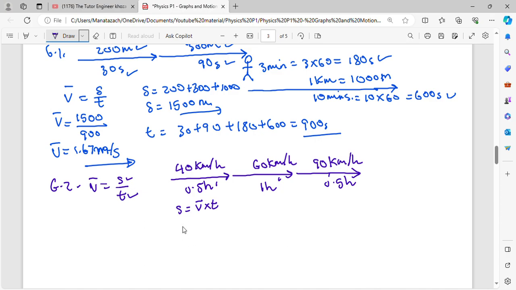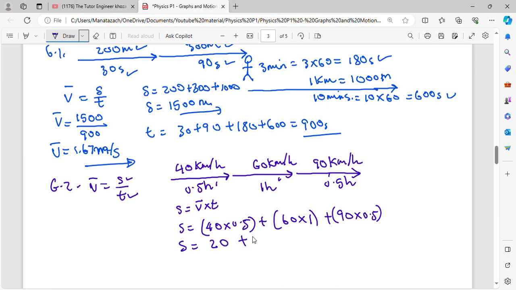The distance will be 40 times 0.5 plus 60 times 1 plus 90 times 0.5. So here that will give us 20, 60, 45. The distance is 20 plus 60 plus 45, which is 125 kilometers.